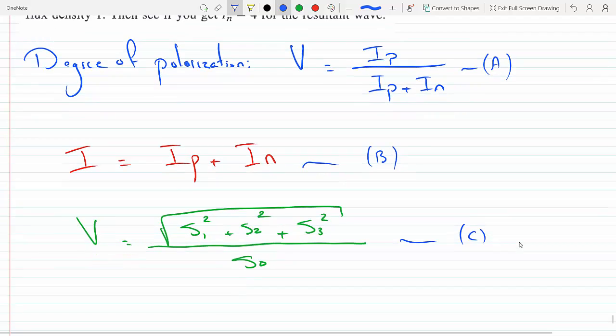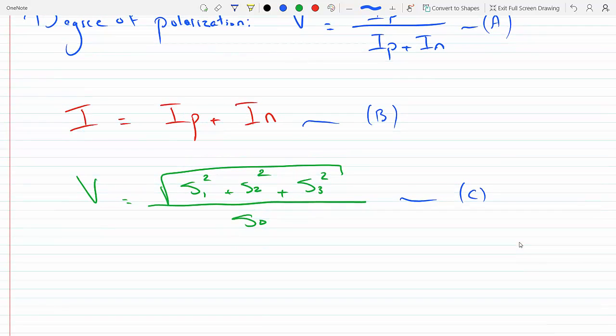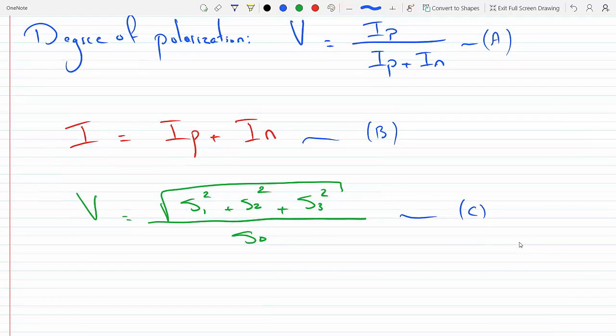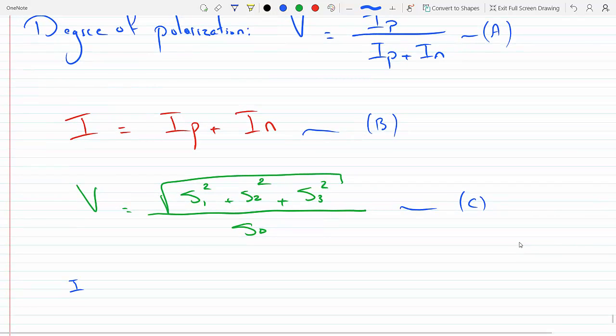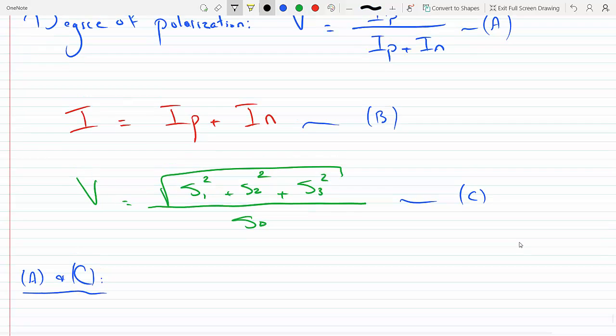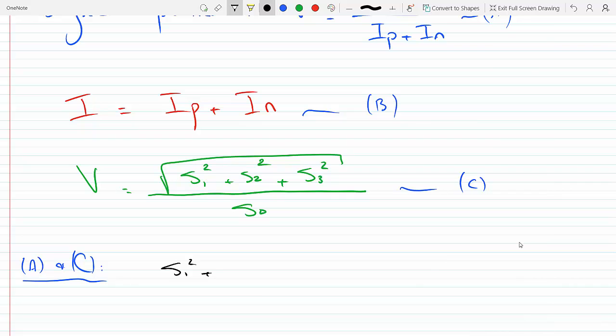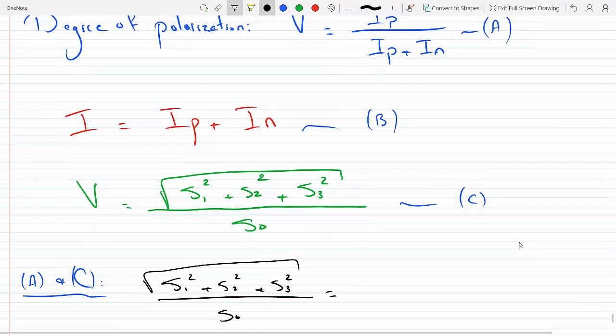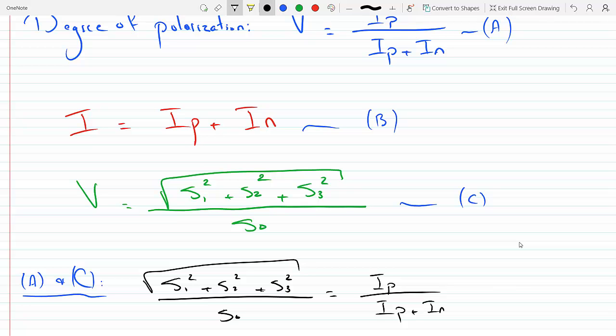C, from A and C I get that S1 squared plus S2 squared plus S3 squared, square root, over S0, is equal to IP over IP plus IN.